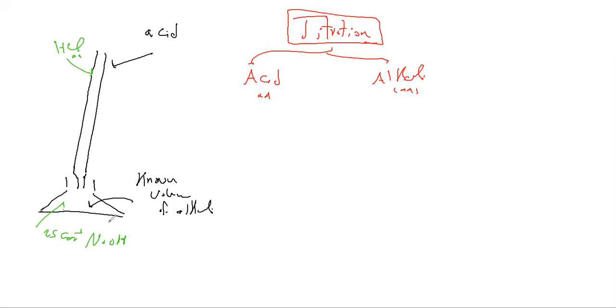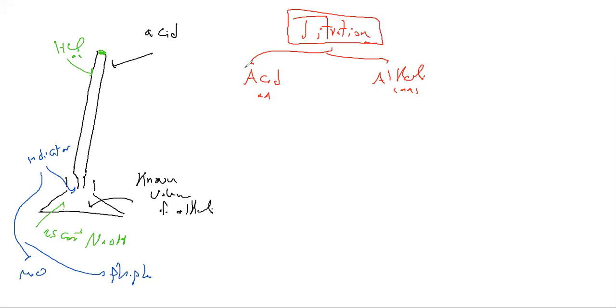And then we start to drop from the acid into the alkali with shaking. Then we add an indicator, which can be methyl orange or phenolphthalein.